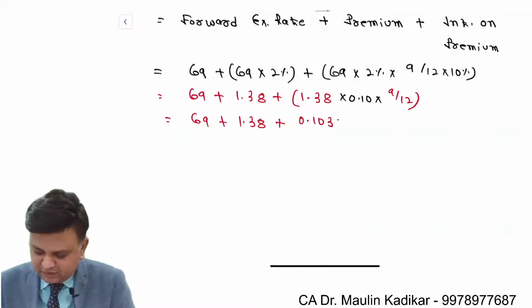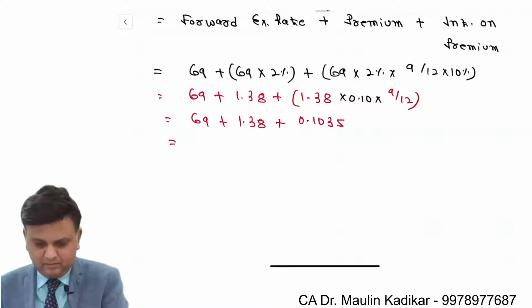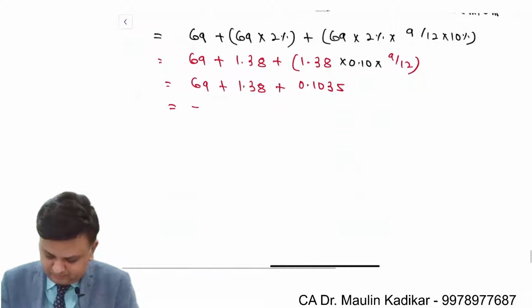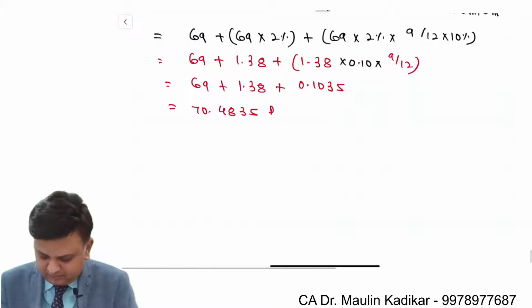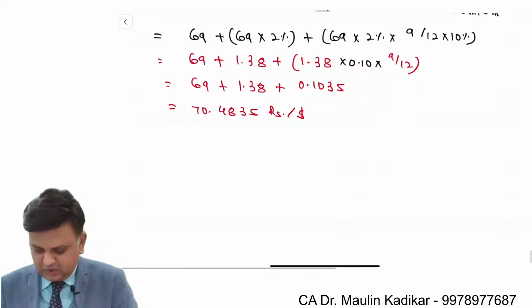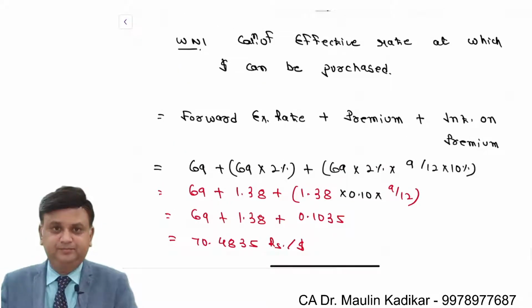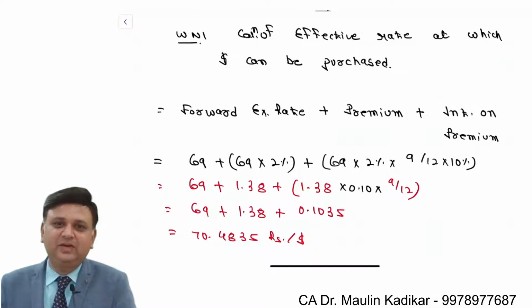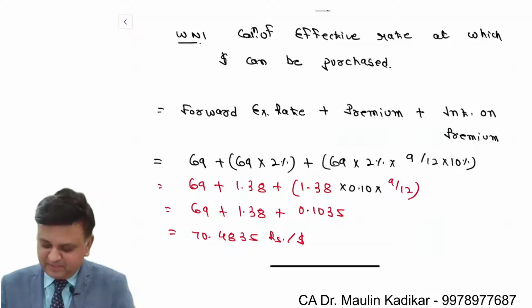So 0.1035. So 70.4835 rupees per dollar. So we have computed the effective rate at which the dollar can be purchased.